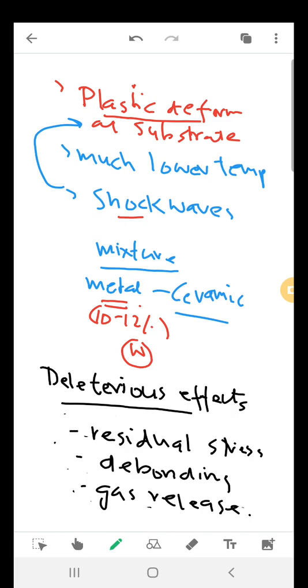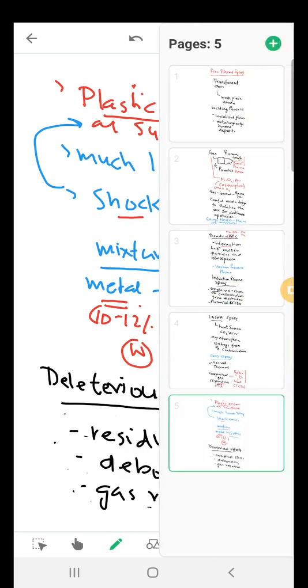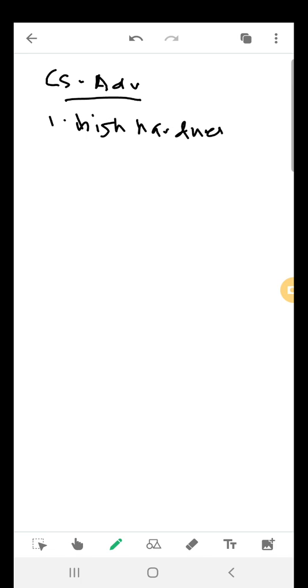Now, what are the advantages that we get, apart from these deleterious effects? The advantages associated with cold spray are, so it's right here, cold spray advantages. We can have high hardness, since it is a cold welded microstructure.